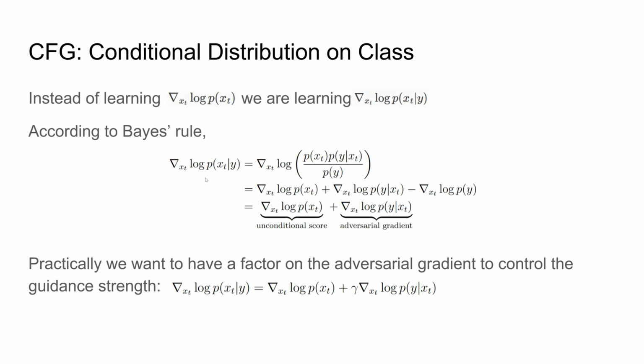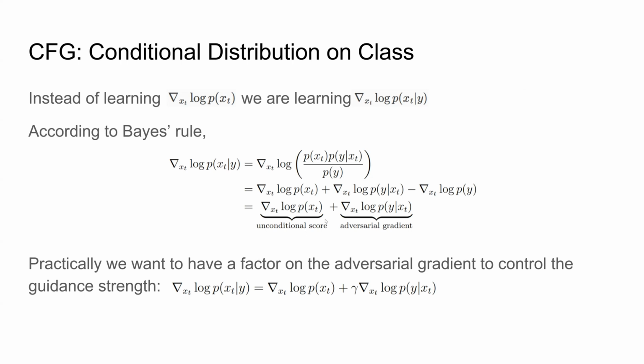So we can decompose this conditional score by Bayes' rule into this unconditional score plus an adversarial gradient. And the problem is that it is impossible for us to derive this adversarial gradient from our model. This unconditional score looks like a vanilla DDPM.